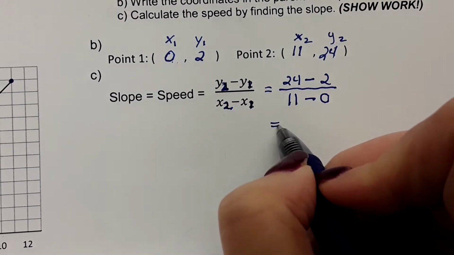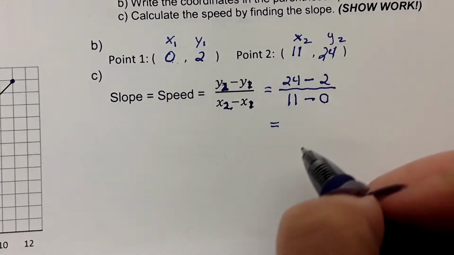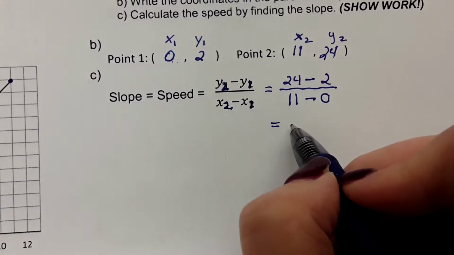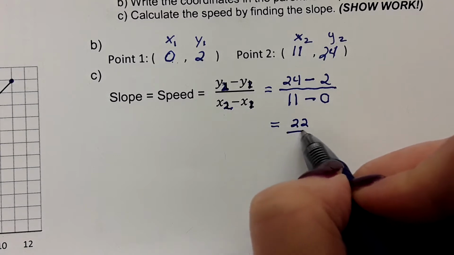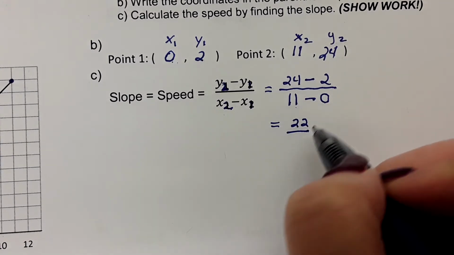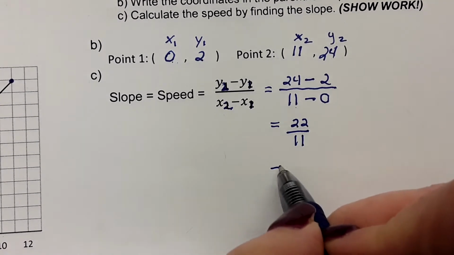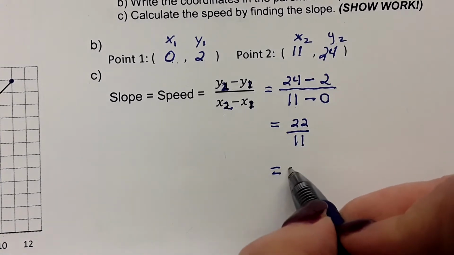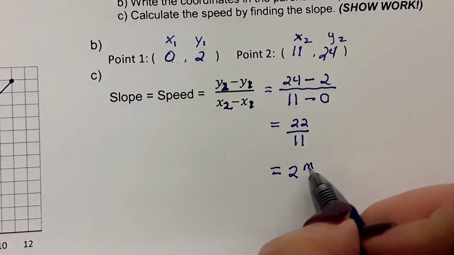All right, so now let's use our calculator. Well, in this case, I don't think we have to. 24 minus 2. Well, 24 minus 2 would be 22, wouldn't it? 11 minus nothing would be 11. Okay, and what is 22 divided by 11? Well, it would be 2 meters per second.